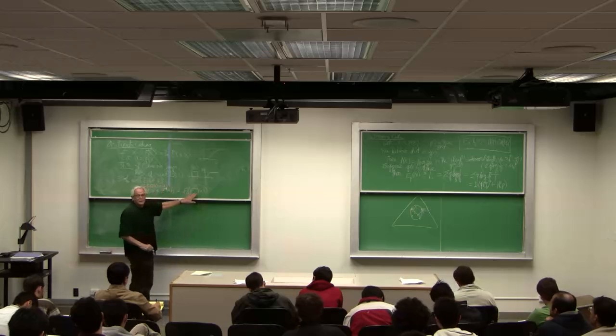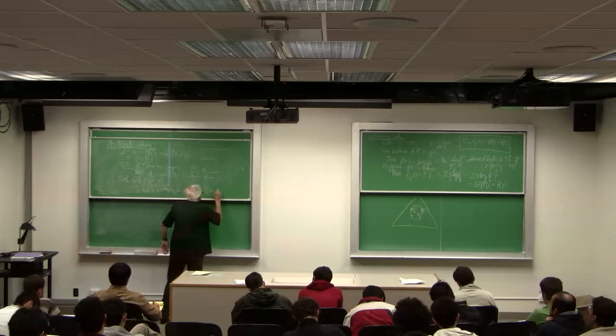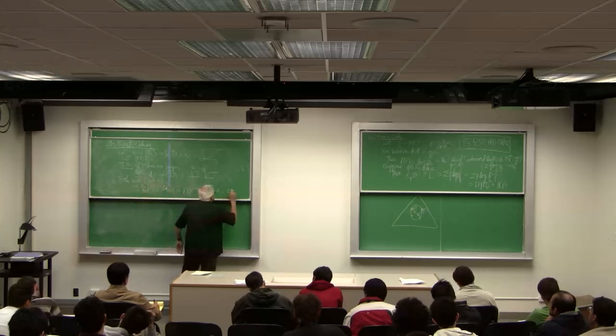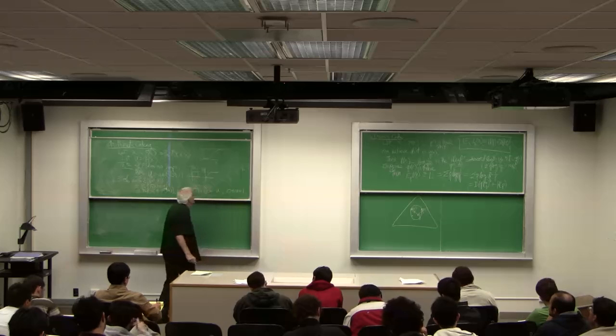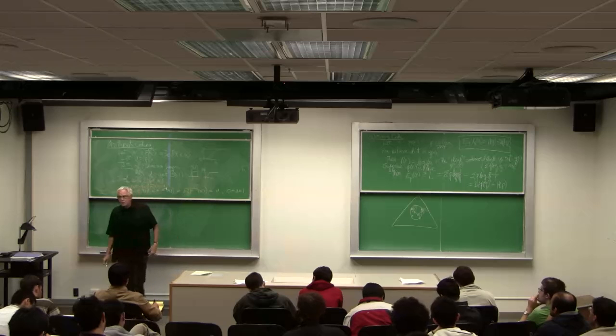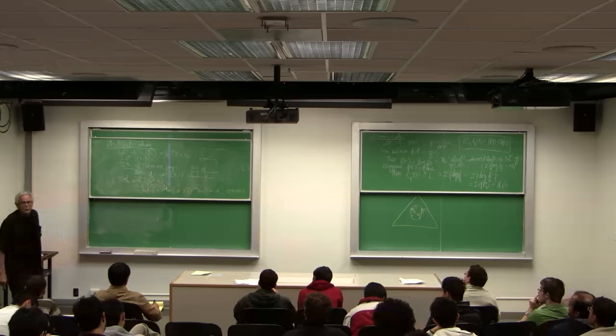But F of F inverse is the identity. So this is equal to u. And if you kept track of when this made sense, it's for 0 less than u less than or equal to 1. And indeed, it's precisely the distribution function of a uniform 0,1 random variable.